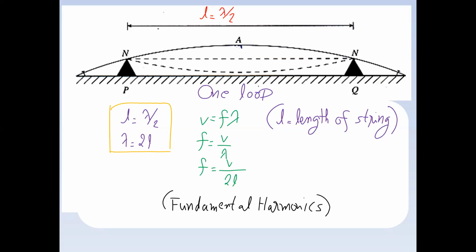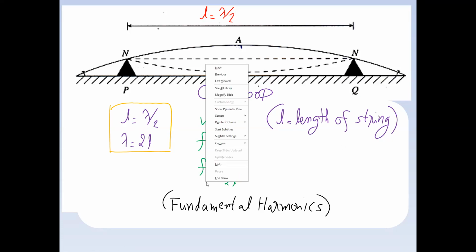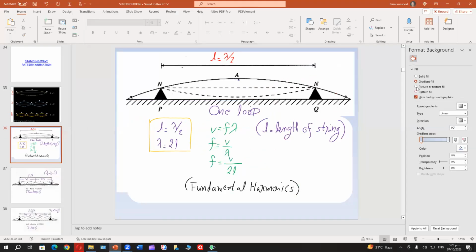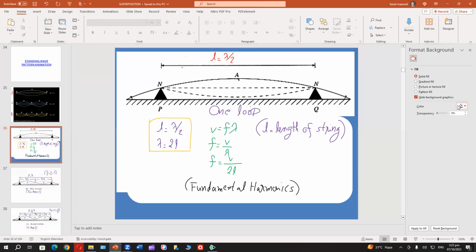Now L is equal to lambda by 2. Why is L lambda by 2? Because the total separation is between two nodes. Separation between two nodes is always lambda by 2.